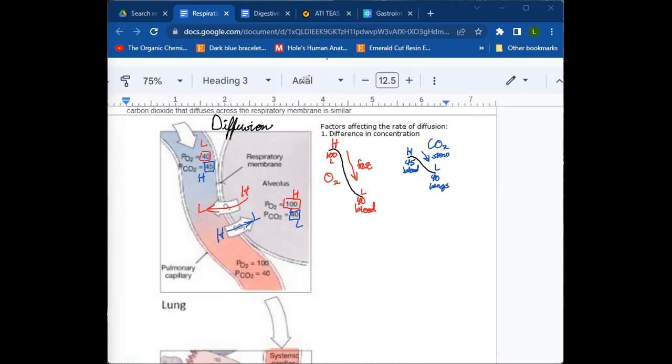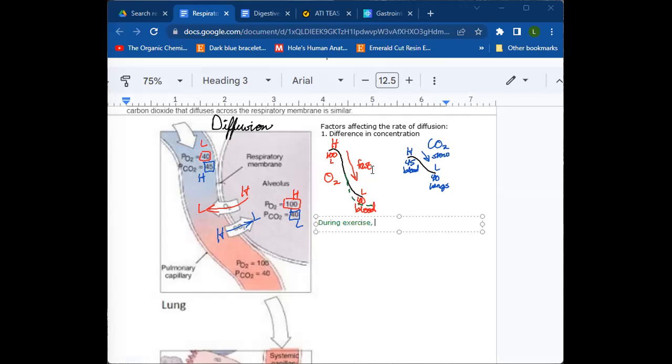Some things that could affect this would be, for example, exercise. During exercise, your muscles are going to be consuming and using up the oxygen from the blood. Let me write this out.